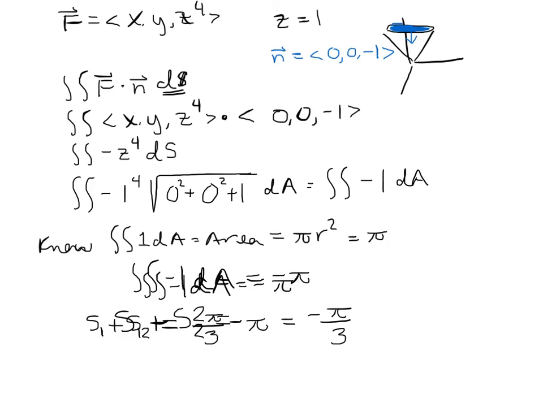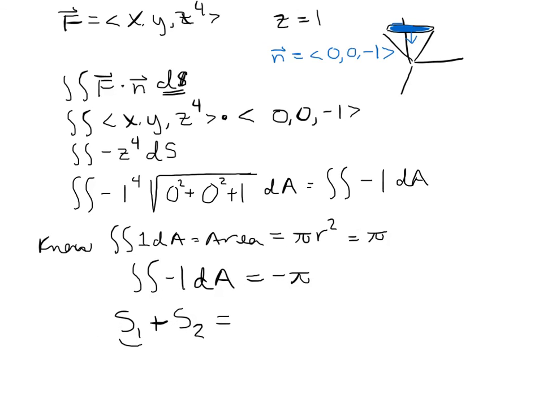Now, I want to go back and mention something about surface 1 because I found a mistake. Okay, I think this is still going. All right, so our surface 1 we got was pi over 3. And then we're going to subtract pi from that.